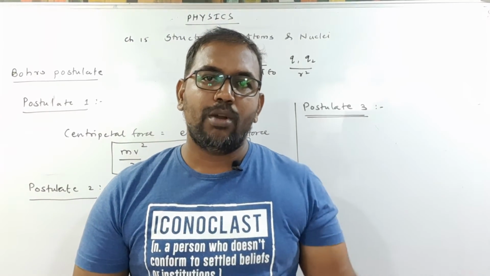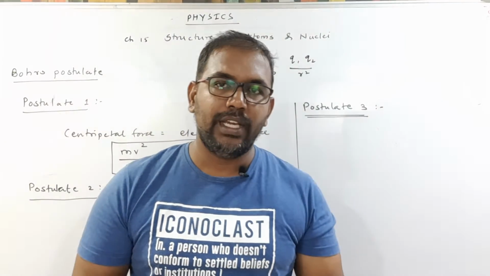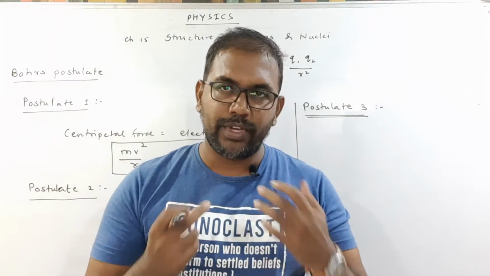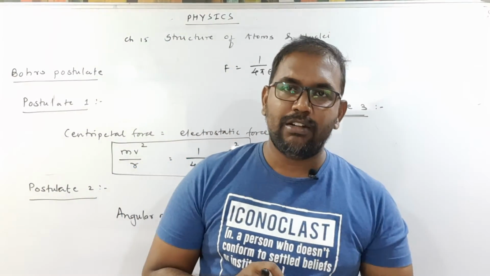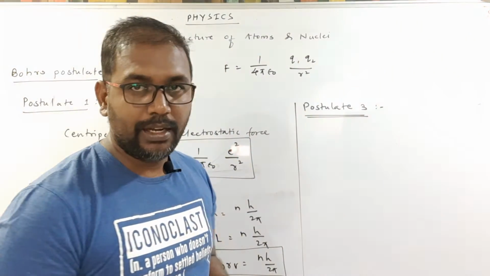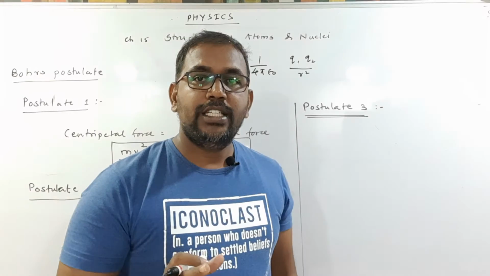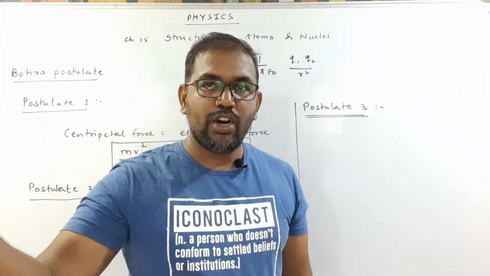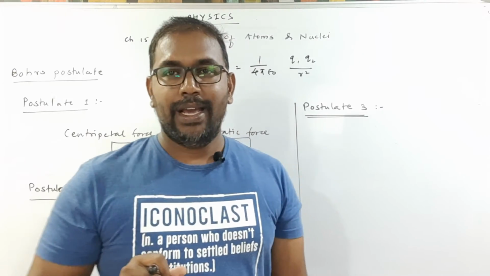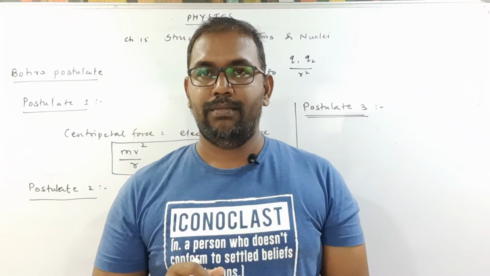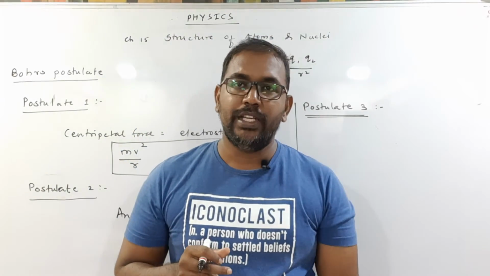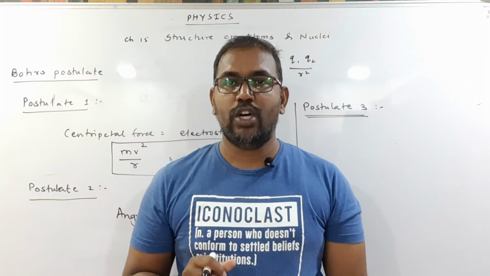So when an outer orbit electron jumps into the inner orbit, the extra energy has to be emitted, and that energy is emitted in the form of a photon. So we can write the third postulate: an electron radiates energy when it jumps from a higher energy orbit to a lower energy orbit, in the form of a photon.